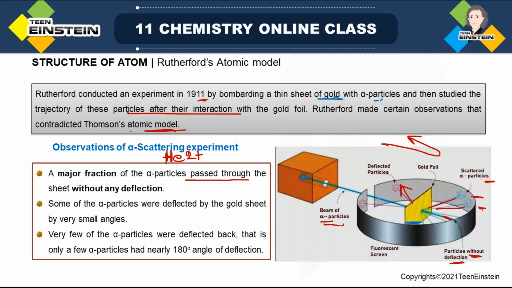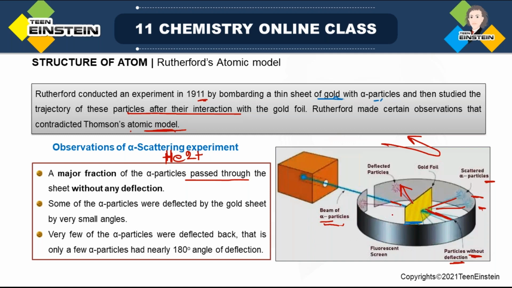See here the line that you are seeing is concentrated compared to the other lines, because the other lines are comparatively thinner. That means a very high number of helium-2+ ion particles are present. So though you are seeing only a single line for the particles without deflection, it is basically a combination of several helium-2+. That is why the line is so broad.